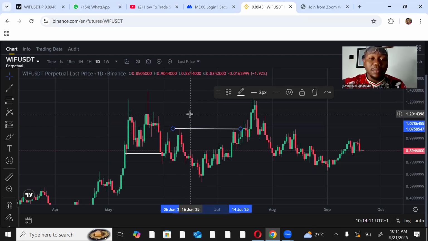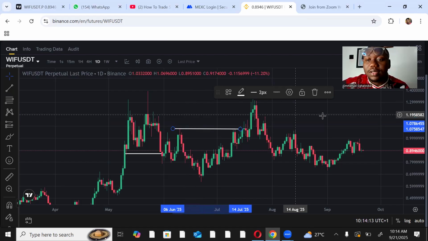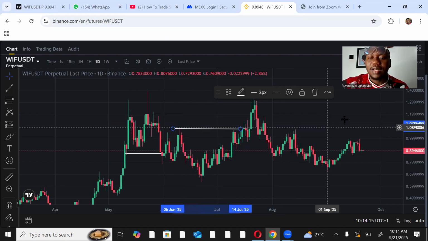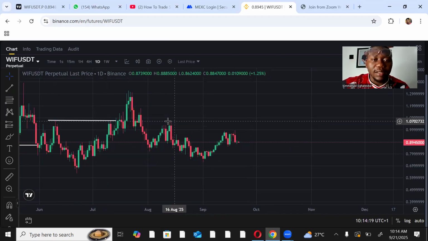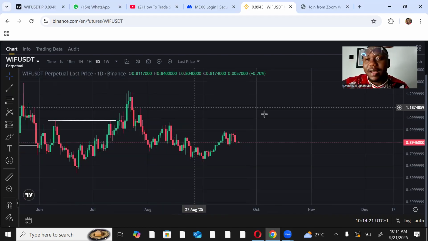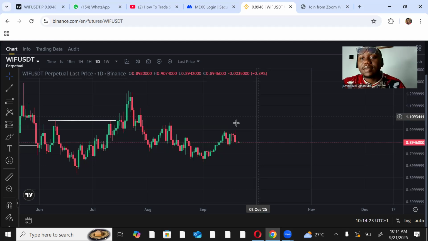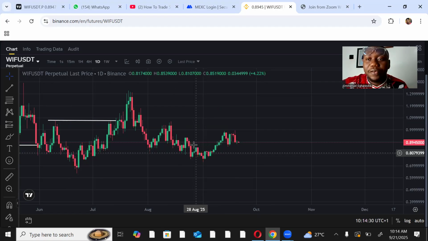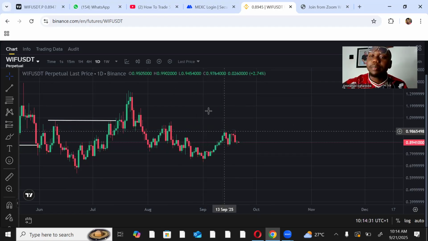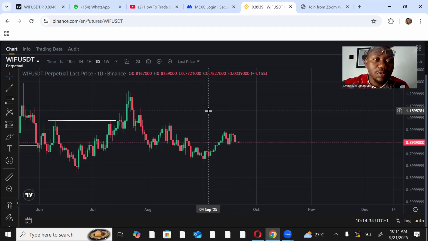Now, one of the most interesting things for you to understand is that price does only two things. Price will either break a low or high, or come back to fill an imbalance, to rebalance itself. So basically, that is what price does.